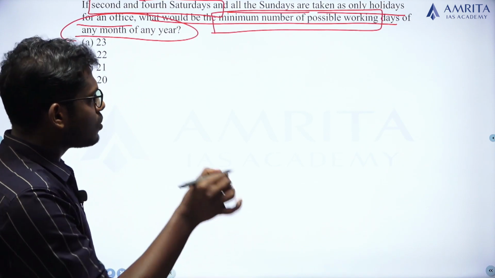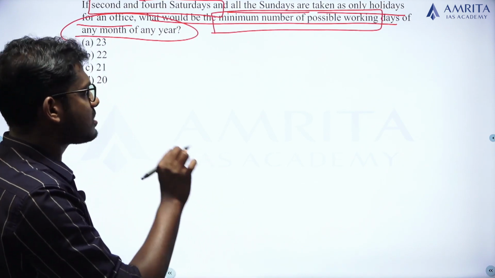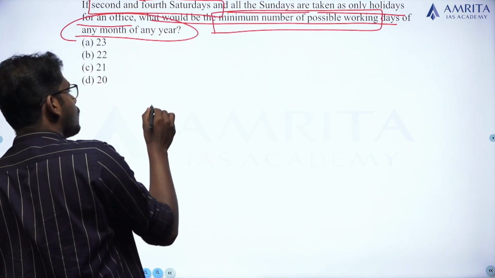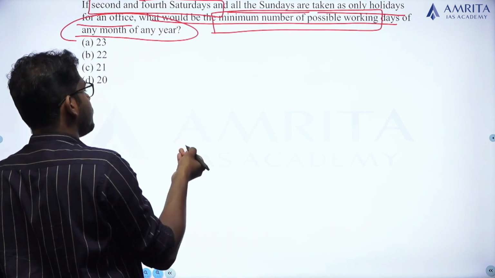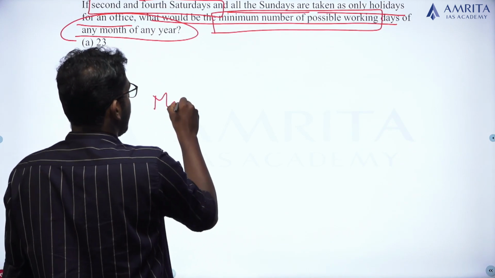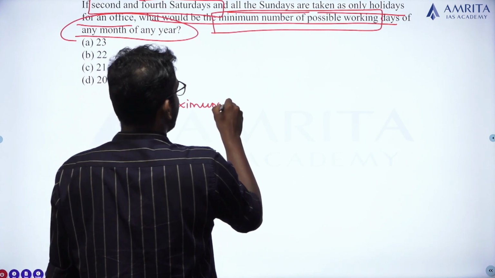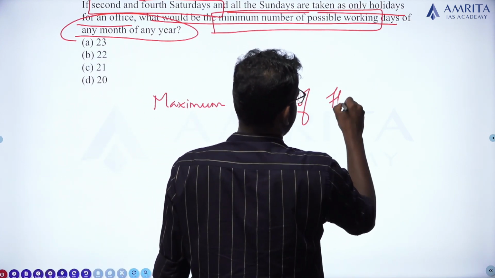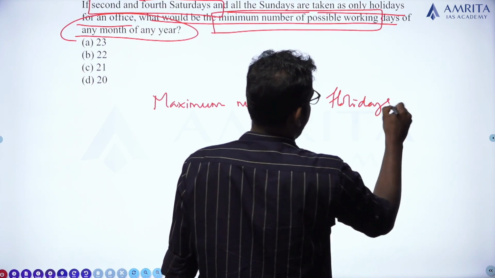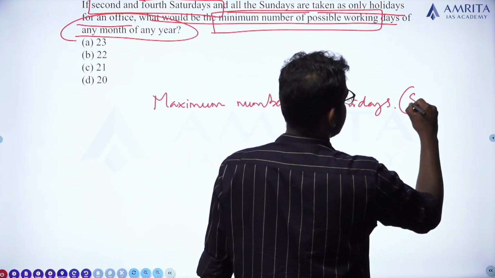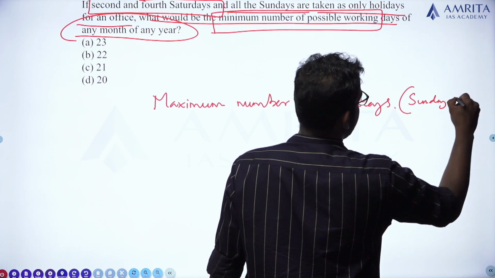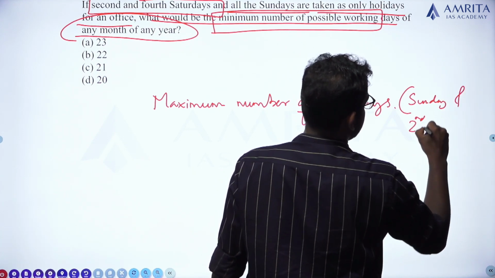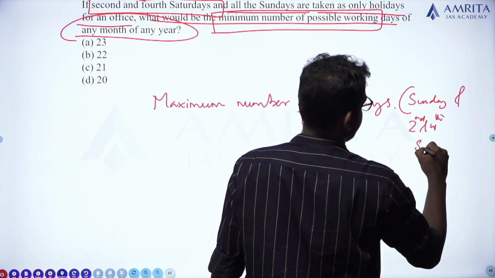In order to find it, we have to consider a situation in which it has the maximum number of holidays. Maximum number of holidays in the sense Sundays and second and fourth Saturdays.